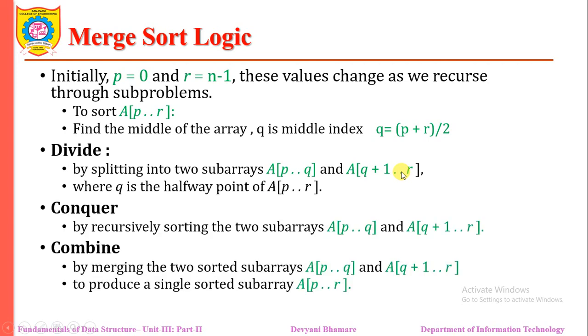Then we recursively sort these subarrays, A of p to q and A of q plus 1 to r, and merge them by combining their solutions. At the end, the entire array from p to r is sorted into one single array.